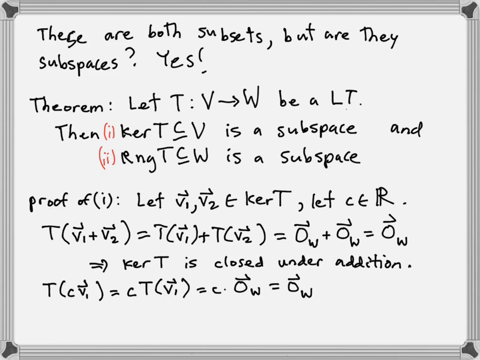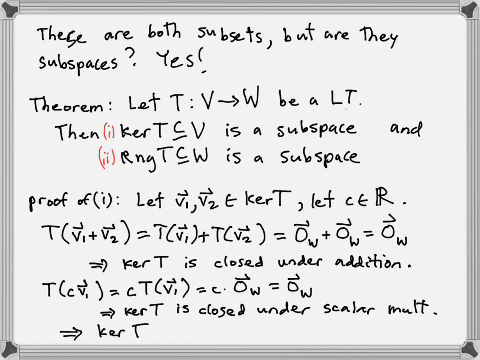What we just showed is that T of c v1 is equal to the 0 vector. In other words, the kernel of T is closed under scalar multiplication. So we have proved part 1. This means that the kernel of T is a subspace.